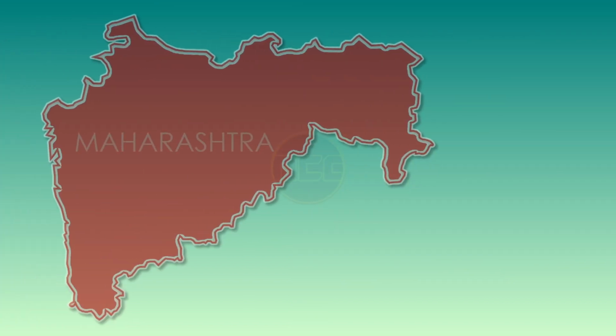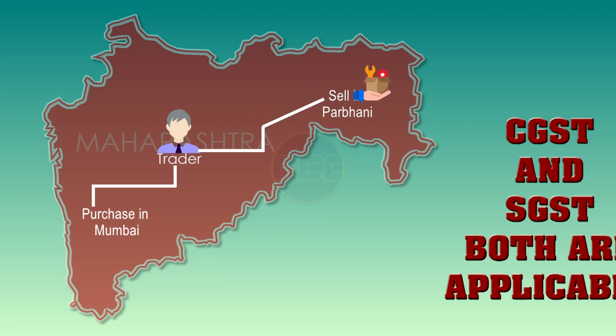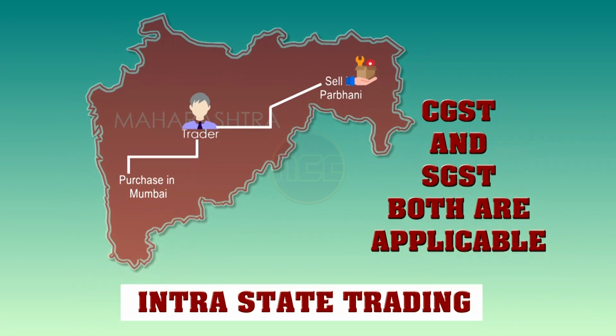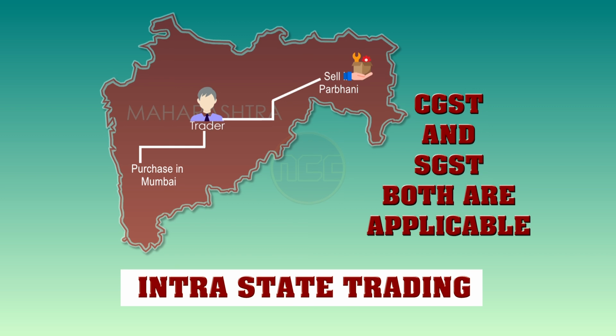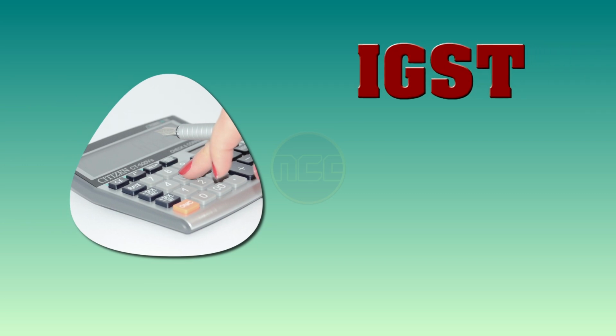For example, when a trader purchases goods in Maharashtra and sells the same goods in Maharashtra, then CGST and SGST both are applicable. And third is IGST.